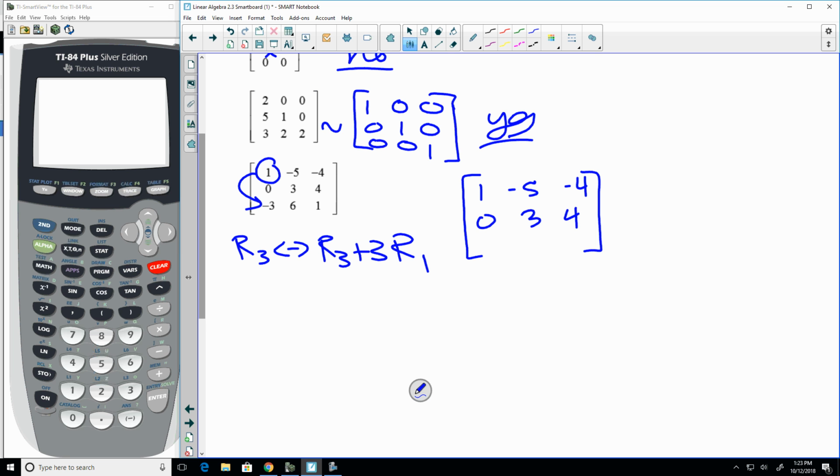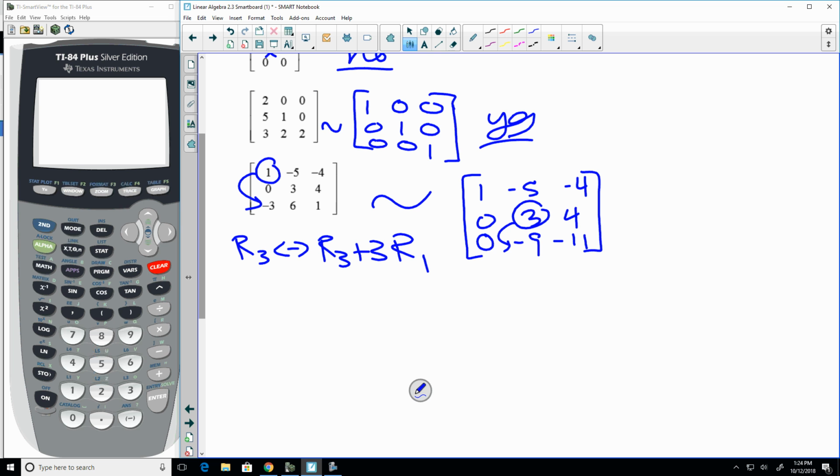Okay, so negative 3 plus 3, 6 minus 15, 1 minus 12. Let's use this 3 to make this negative 9 a 0.